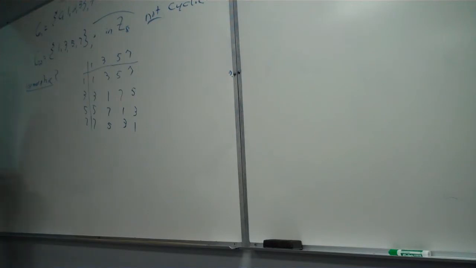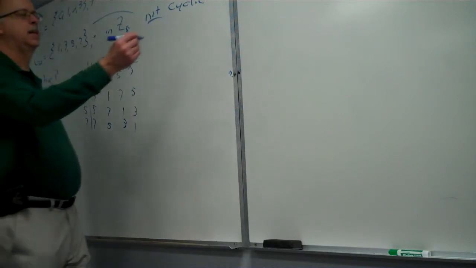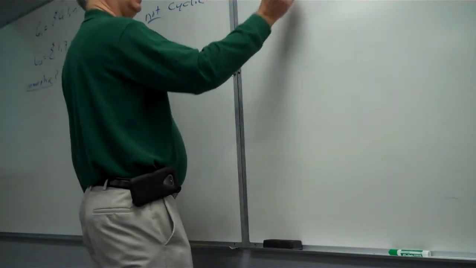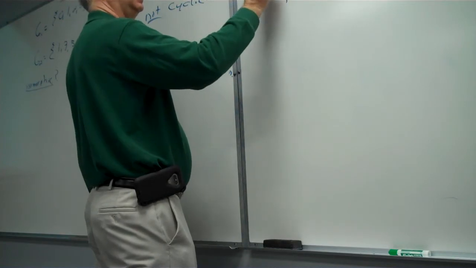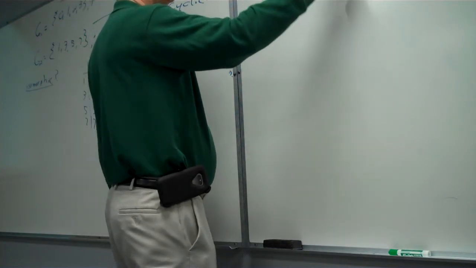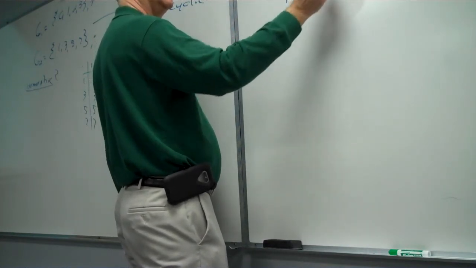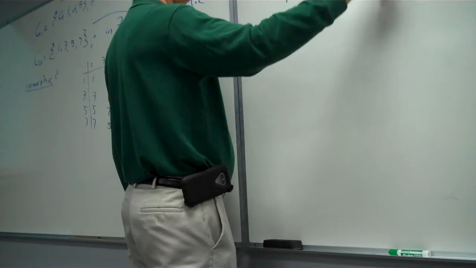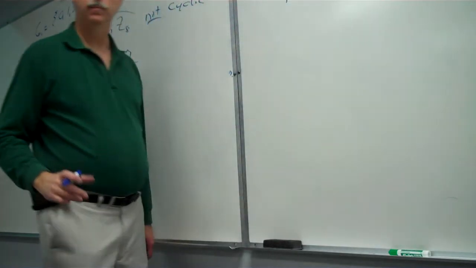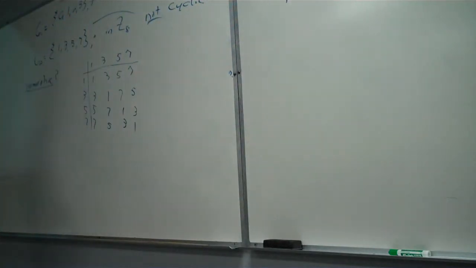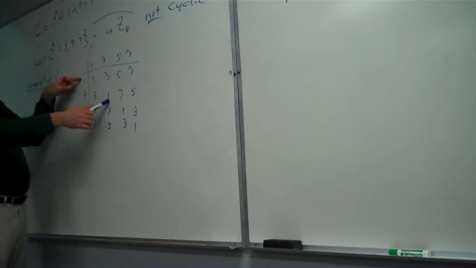Another way I guess we could have done this is to think of, if there is an isomorphism, f of 1 inverse would have to be f of 1 inverse. But looking wherever 1 goes, everything in this group is its own inverse.